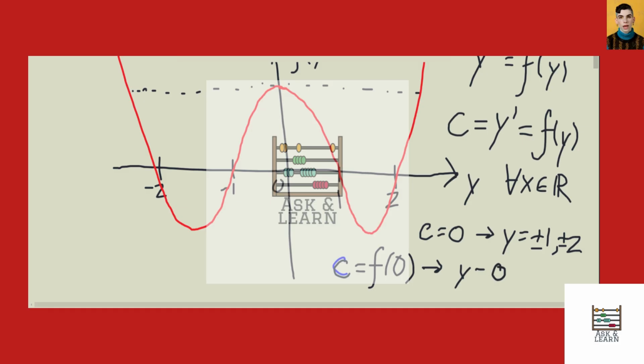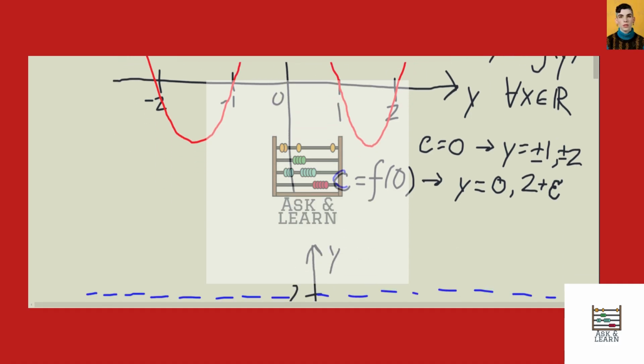So then we have that, well, y is going to be equal to 0, something that we'll call 2 plus epsilon, where epsilon is some small real number, and assuming this is a symmetric graph, -2 minus epsilon, really could have written this plus or minus 2 plus epsilon.